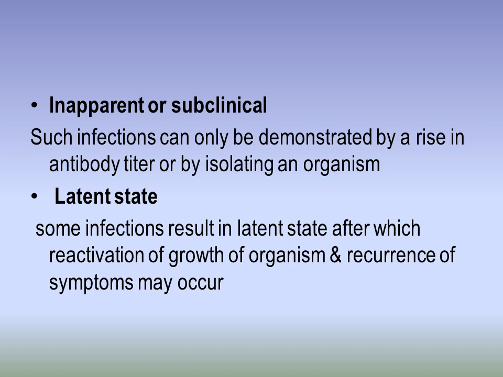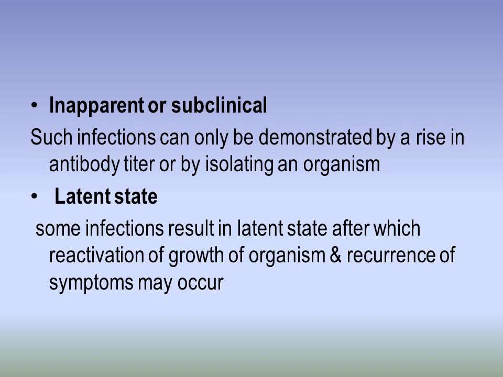What is an inapparent or subclinical infection? Such infections can only be demonstrated by a rise in antibody titer or by isolating the organism. Otherwise, it will be difficult to detect such infections. What is a latent state? Some infections result in a latent state after which reactivation of growth of the organism or recurrence of symptoms may occur.